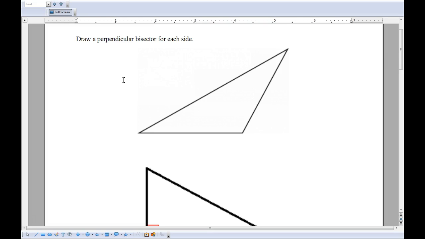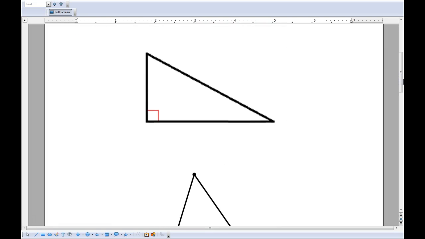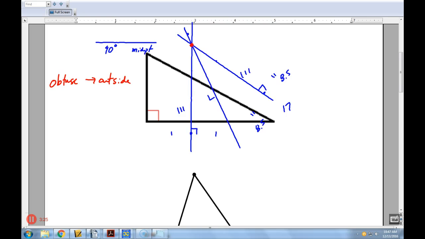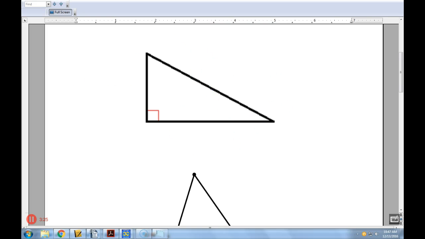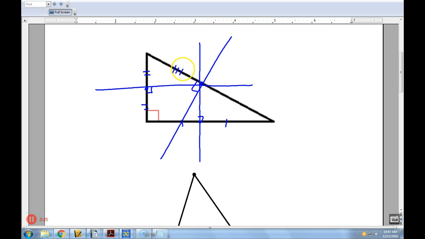Now during the activity in class, or if you finished it at home, you should see that in a right triangle, and I'm just going to freehand sketch these for time's sake, when I do my perpendicular bisector and I come through and I do that, and then I pick the other one and I come through and I do that, and then I pick my other one and I come through and I do that, you're going to notice that if I do this really accurately, they should meet right on the hypotenuse.